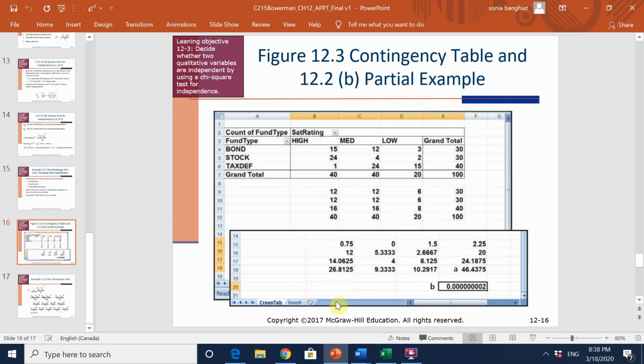Now, going back to that contingency table, if I am crossing two variables, whereby the first variable, fund type, has three categories and the second variable, level of satisfaction, also has three categories, then that should give me 9 cells, right? So I should have 9 observed frequency counts, and corresponding to these, I should have 9 expected frequency counts.